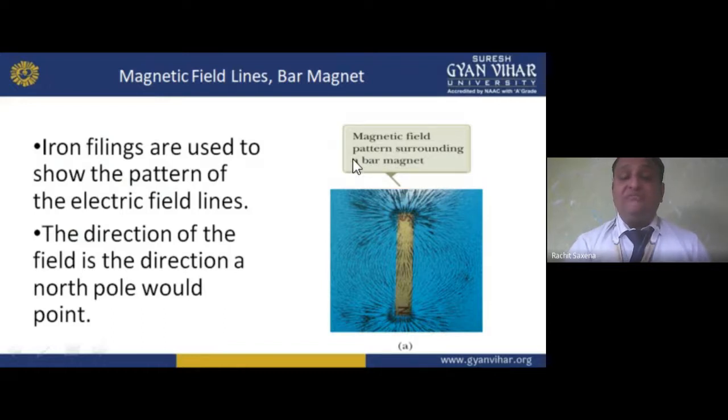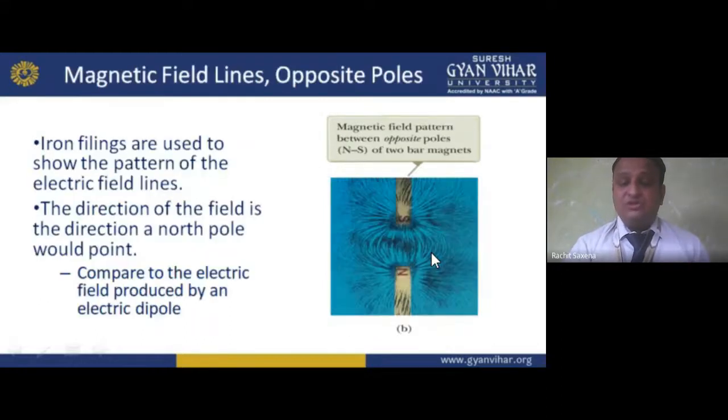The direction of the field is the direction a north pole would point. So the direction is shown here, it is north, and it behaves like a north pole. I hope you understand, this is shown by the flux line, and we can also show it by the iron filings.